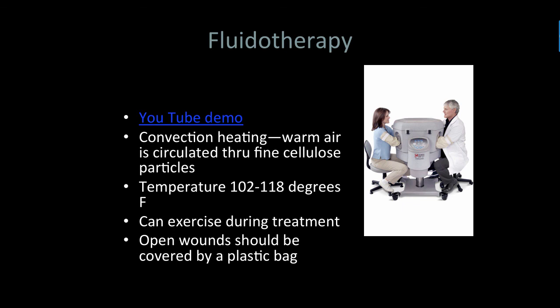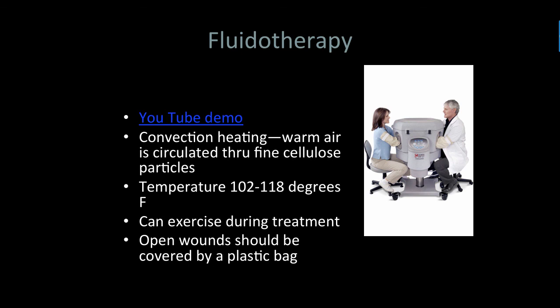Okay, so if you've never seen fluidotherapy, follow this link and watch that YouTube demonstration. You see these a lot in hand clinics. The nice thing is, looking at the picture over here, the therapist is not in there just playing handsy. You're able to go in and do joint mobs, stretching, and exercises. It's a big tank that has a circulating medium, so basically it's blowing air in there.